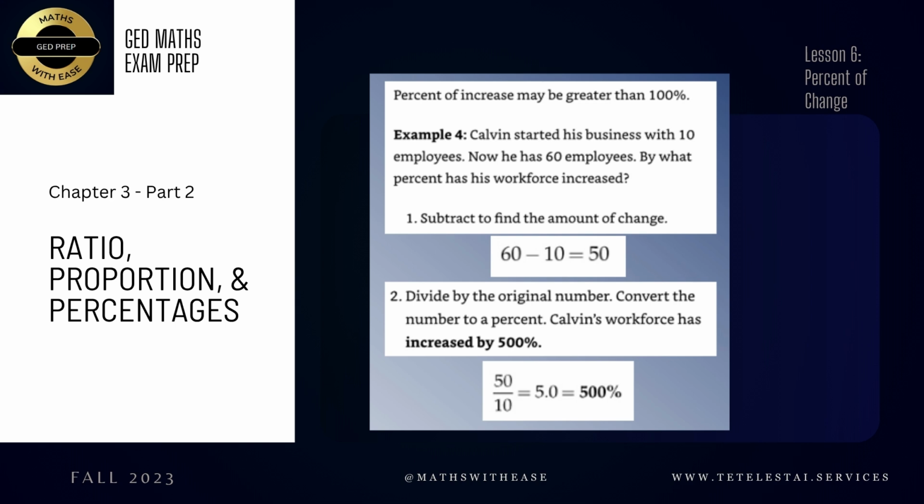So 500 over 100 can be reflected as 500%. Practice exercises on page 725 to 740.